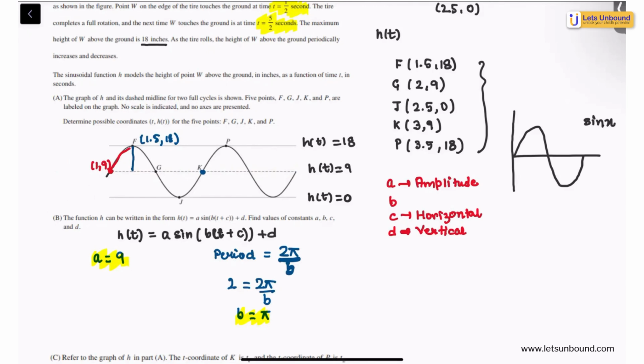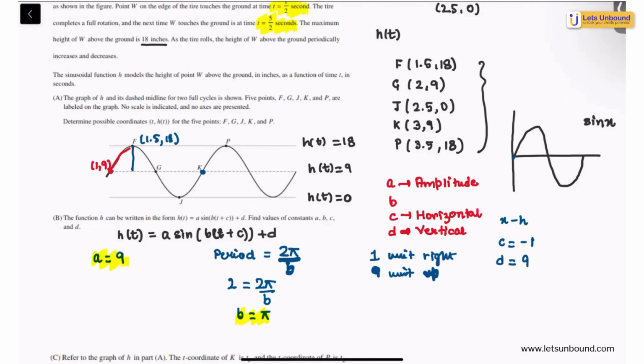Now according to this, ideally the sine graph which starts from (0, 0) has shifted to (1, 9). Since it shifted 1 unit to the right and 9 units upward, we can identify the horizontal and the vertical translation. Because the horizontal translation happens in the form of x minus h, we can say the value of c is 1 and d is +9 because it shifted 9 units upward from the origin.